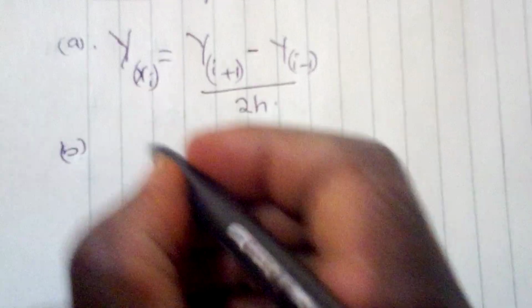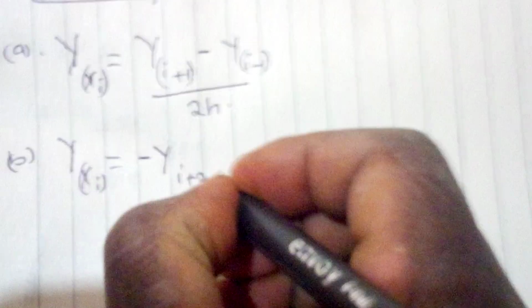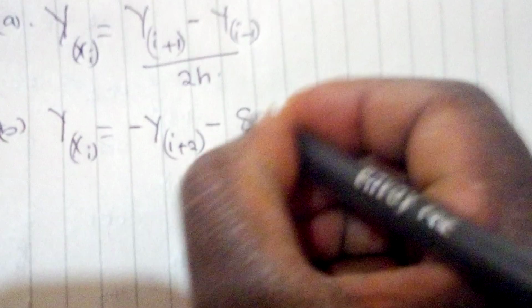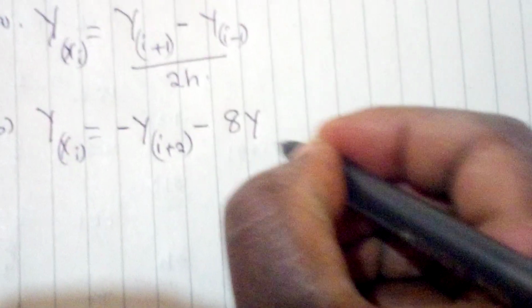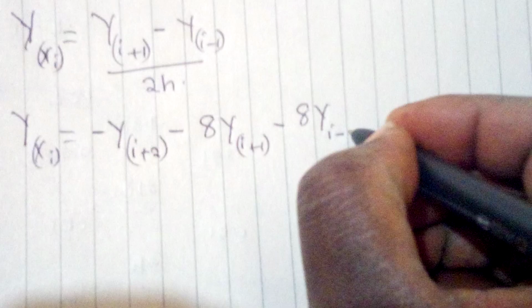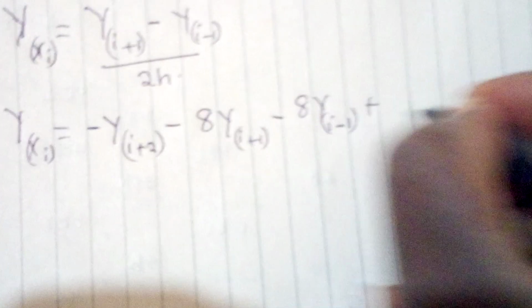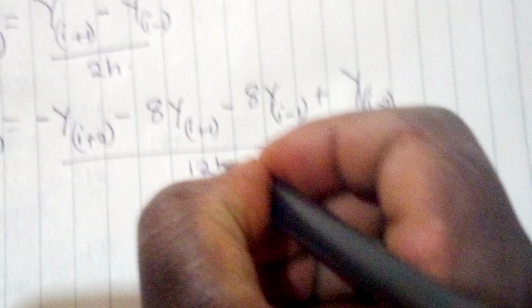Then we have B, y prime xi is equals to negative y i plus 2 plus 8 y i plus 1 minus 8 y i minus 1 plus y i minus 2 divided by 12h.